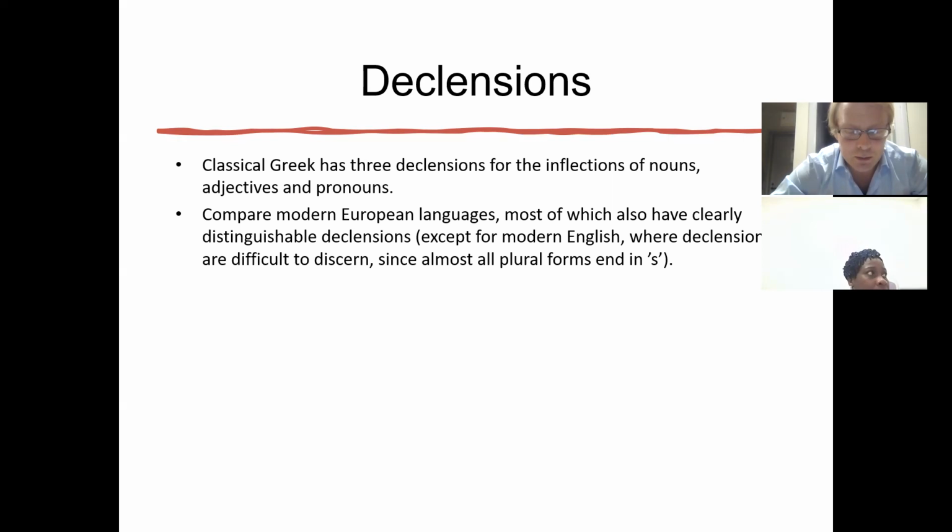And the exception in this regard is actually represented by modern English, where declensions are difficult to discern, since the plural forms of almost all nouns and pronouns are marked with the affix -s. That is, an s is added to the end of the word to mark it as a plural form.